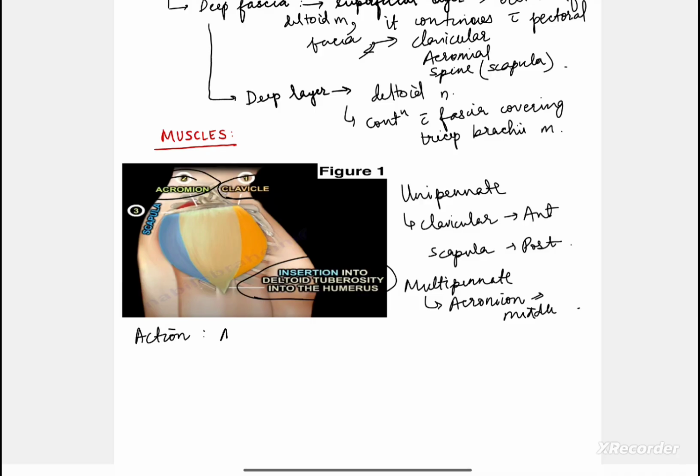Okay, now this was about the deltoid muscle, but what is the action of this muscle? Action: abduction. Now abduction, what does it mean? It takes the arm away from the body.